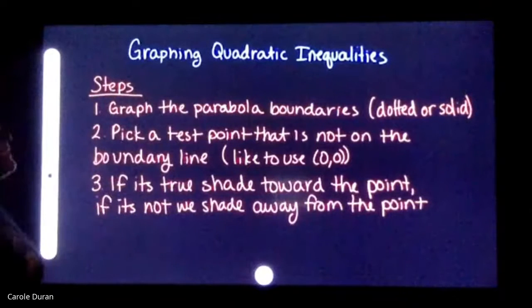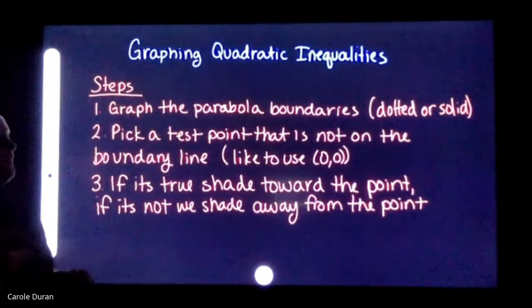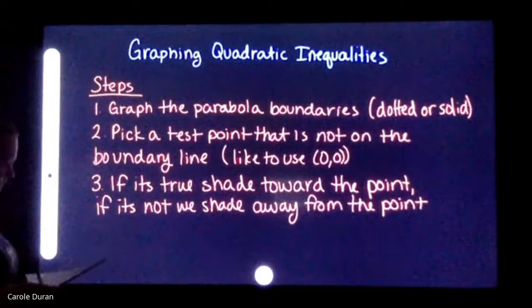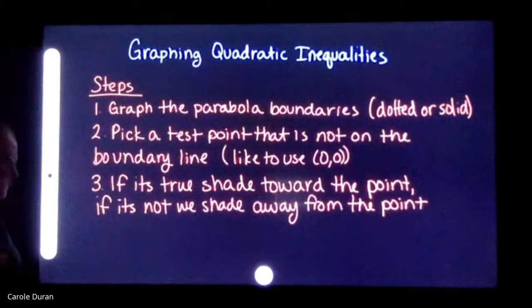The steps are the exact same as when we were graphing systems of inequalities and just linear inequalities, except now we have a parabola instead of a straight line. Give you guys a second to finish writing that, and then we will get started with an example.